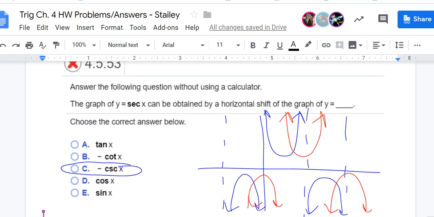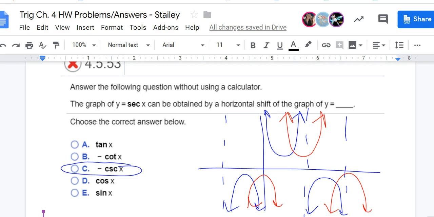They asked this question. The graph of secant can be obtained by the horizontal shift of the graph of which of those? If you think back to, the blue one is the secant one. Can you find any other graph that looks like it has all those parabolic shapes besides secant? Cotangent? No, it didn't. It kind of looked like an upside down tangent that's been slid over.